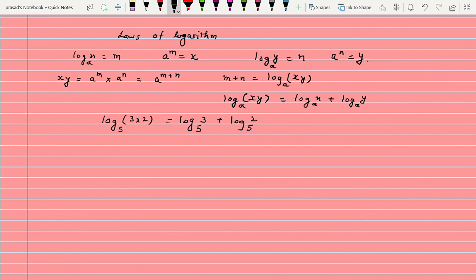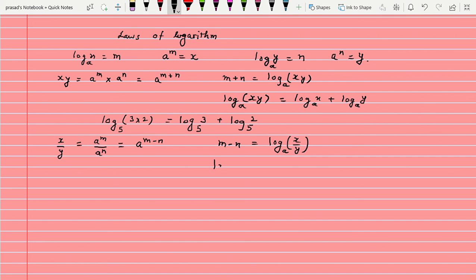Now consider x upon y, that will be a to power m upon a to power n. So by laws of indices, this will be a to power m minus n, which means if I change this back to the log form, I will get m minus n is log x upon y to base a.